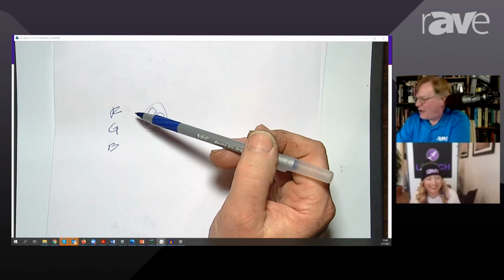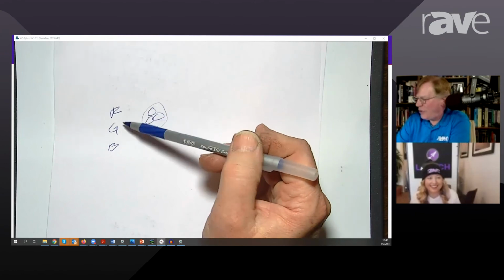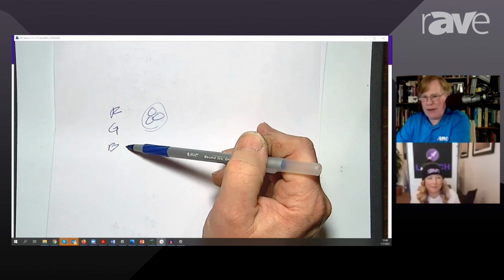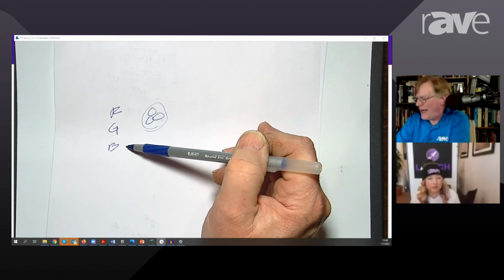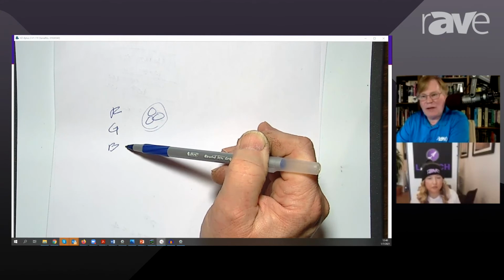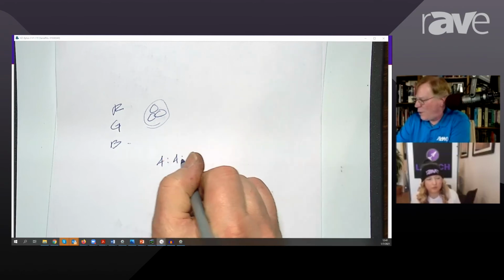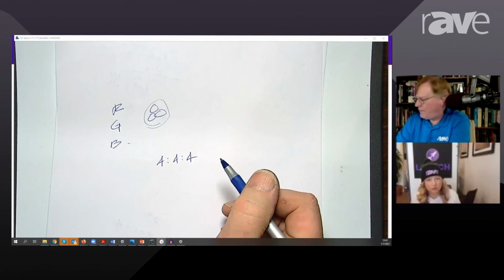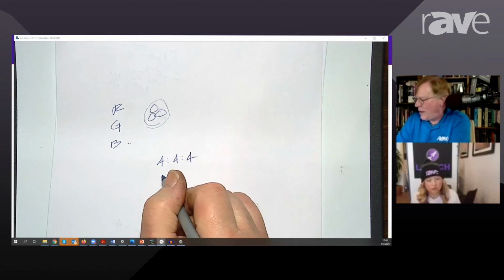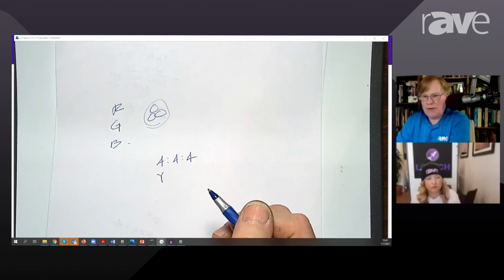But to transport all of my red, green, and blue information is going to take a lot of bandwidth. So again, going back to how we transport signals and back to the days of analog, as it turns out, I am more sensitive to brightness than I am to color information. So when we do our 3 channels of 4:4:4 for a sampling rate for video, we are measuring full luminance on the first one.